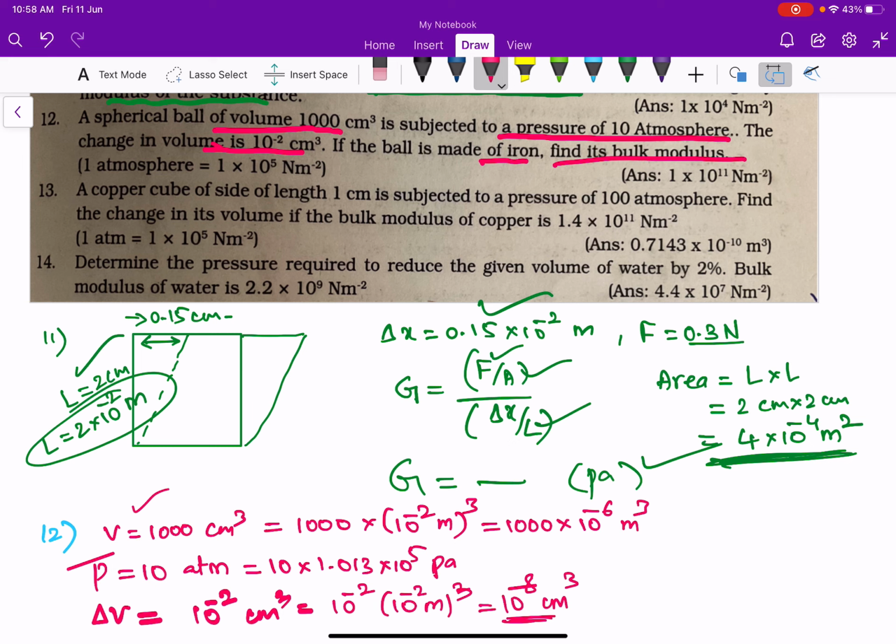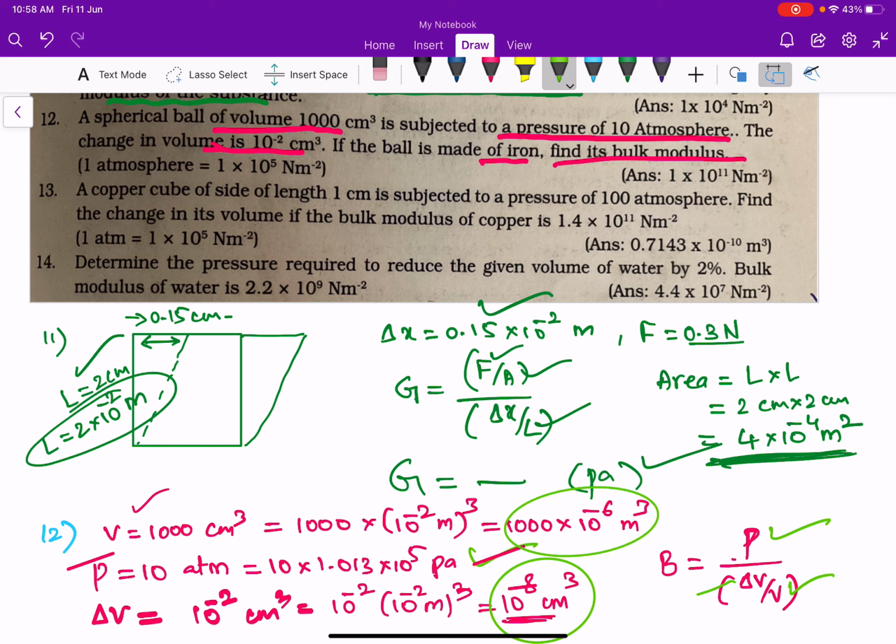What is the bulk modulus? Bulk modulus B is equal to pressure divided by delta V by V. Here the pressure value is given. Substitute delta V equal to 10 to the power of minus 8, and volume is 1000 into 10 to the power of minus 6 meter cube. So you will get the answer for bulk modulus here.